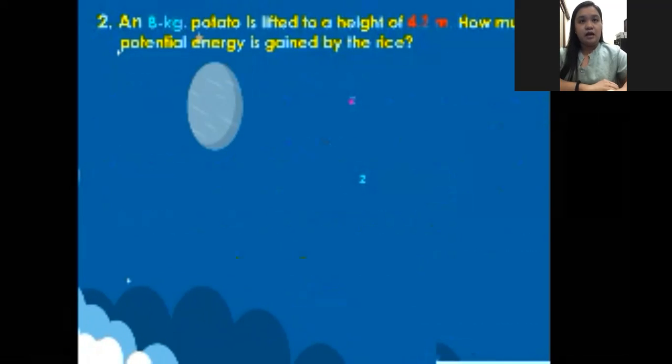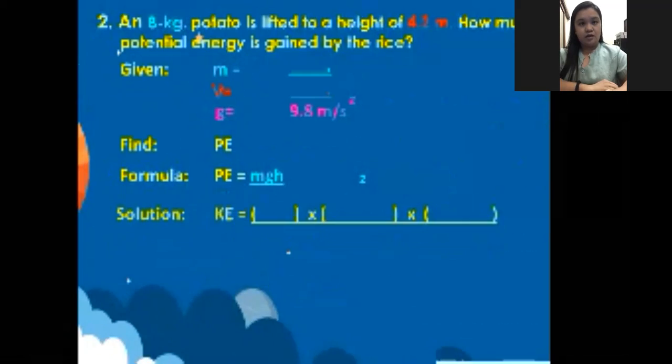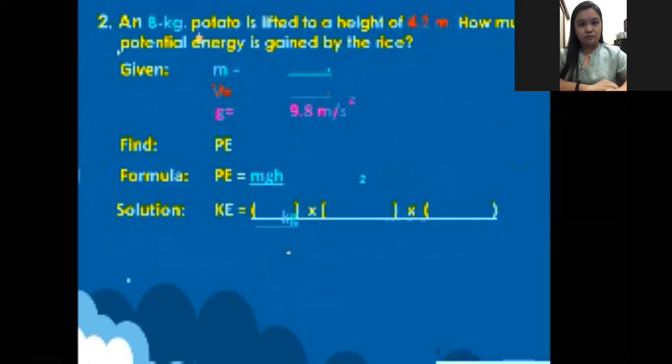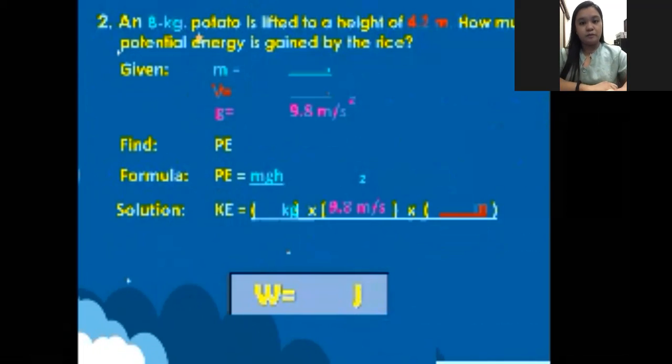Next, let's go on to the next one. How about getting the potential energy? Get the givens. What are the givens? Then solve it. You can pause the video on this part, then answer.